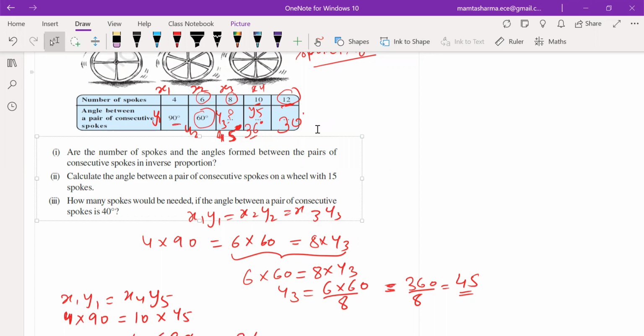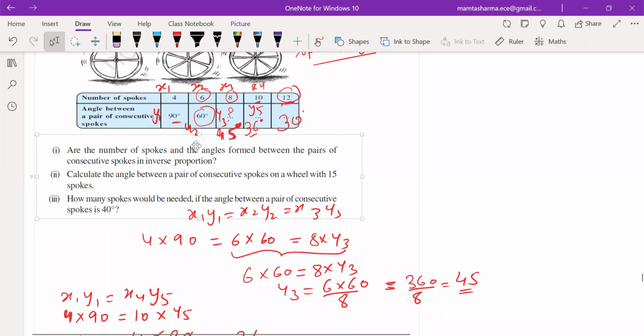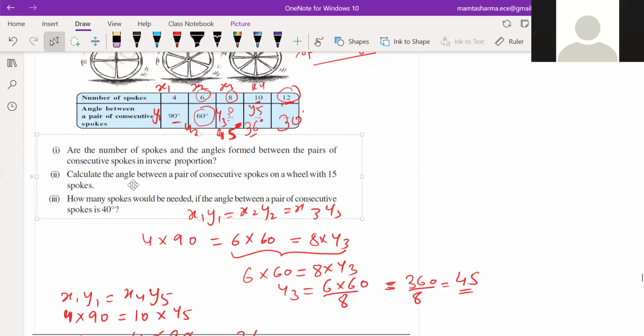Ma'am, the first answer is yes, they are in inverse proportion. The second one, yes, they are inverse proportion. Nityashri, where is that girl?